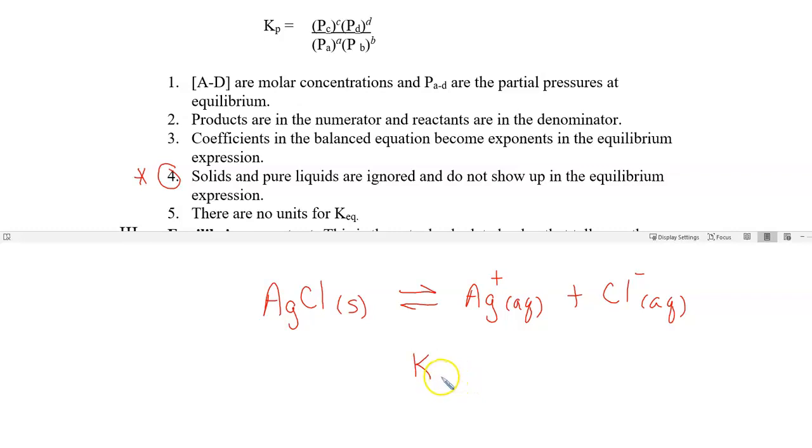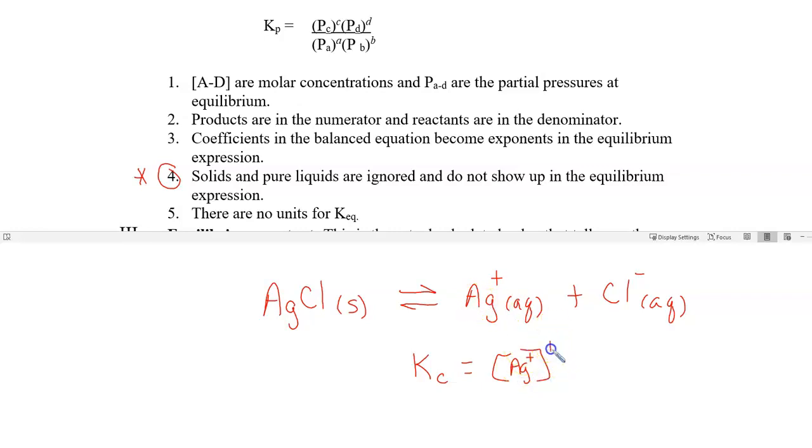So the Kc, and you don't have to write the little c because it's just going to be K. It's going to equal the products over the reactants raised to the coefficient power, but we don't put solids in there. So let me show you if you did. If it looked like this, it is silver ions and not silver solid.